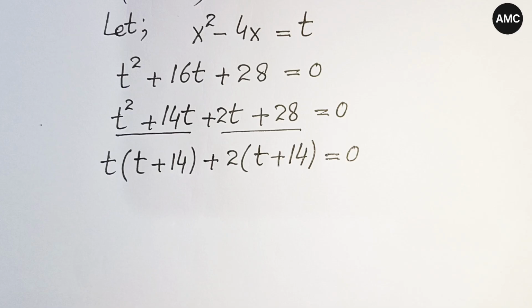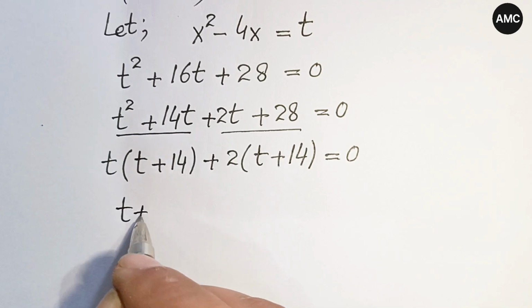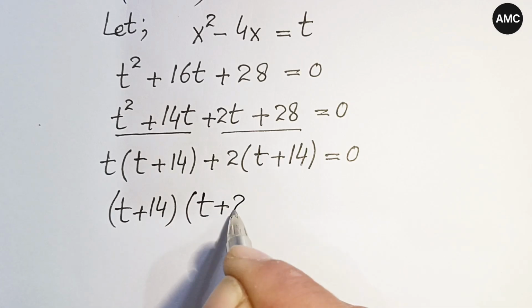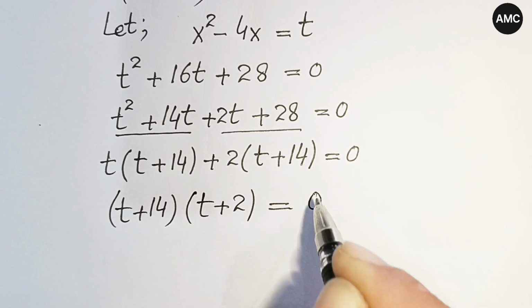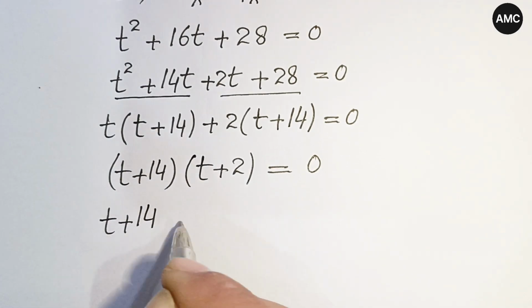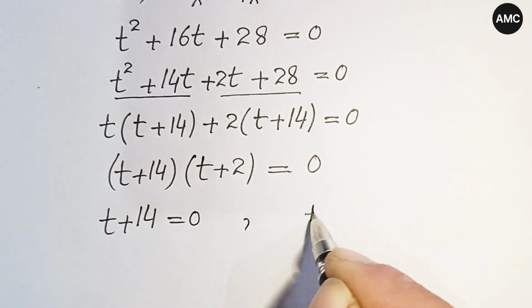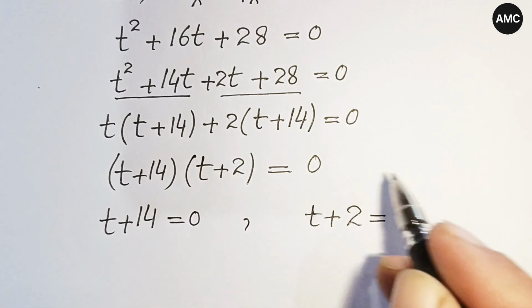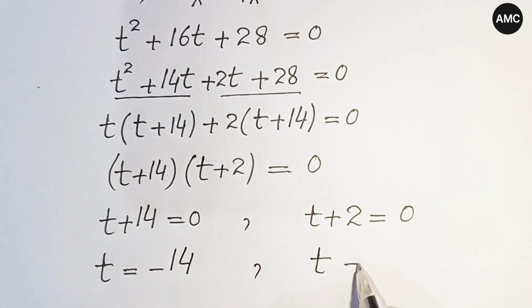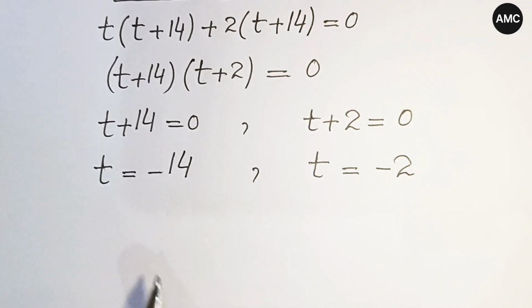Now t plus 2 and t plus 14, so t plus 14 is a common factor, and our next factor is t plus 2 is equal to 0. So here t plus 14 is equal to 0 and t plus 2 is equal to 0. Now from the first equation we have t is equal to minus 14, and here t is equal to minus 2. We have to solve these two equations.